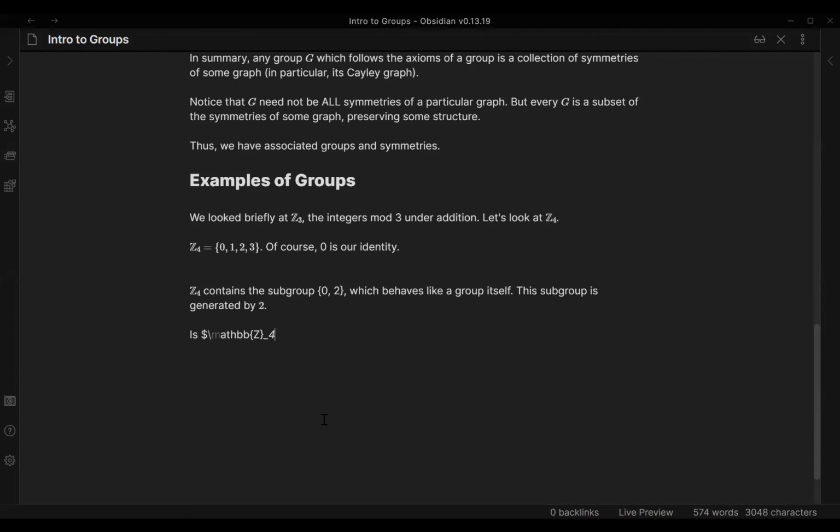Is C4 a subgroup of itself? What do you guys think?